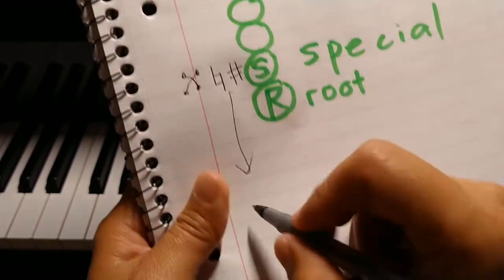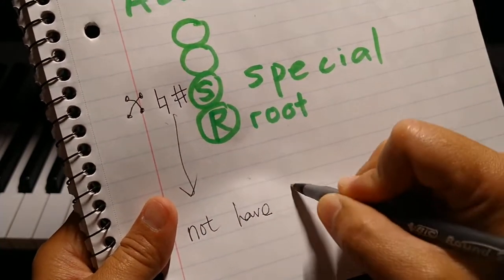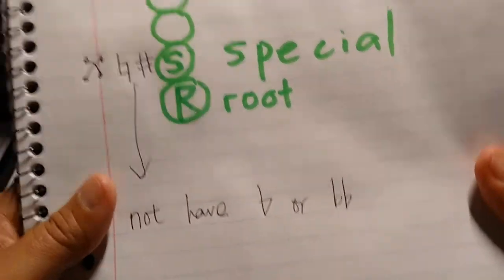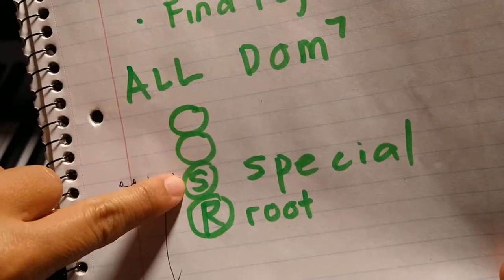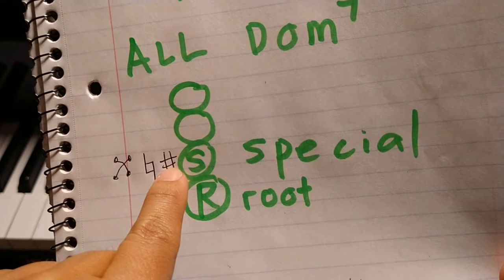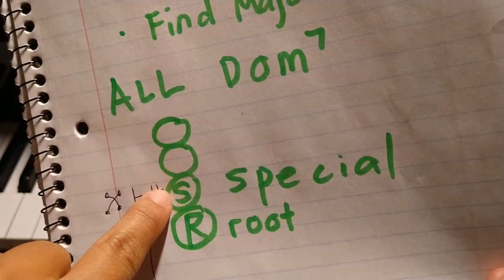Okay? You should not have a flat or a double flat as your accidental for this special note. But you should always have either a sharp or a natural or a double sharp for this special note.